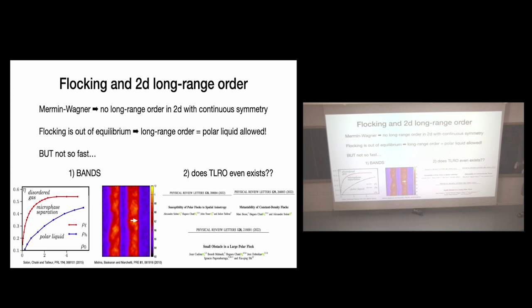You fall into the Ising class as compared to the XY class, where you basically have macrophase separation rather than microphase separation, which means that you don't have a short-scale correlation. You always end up with a long-scale correlation.